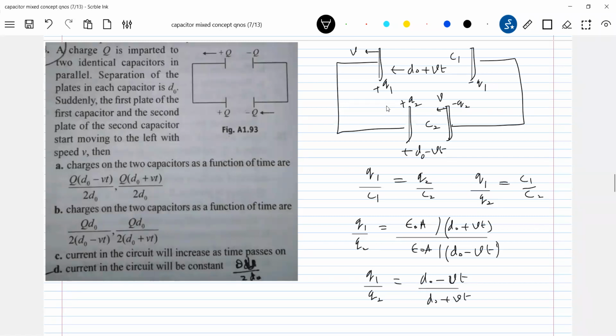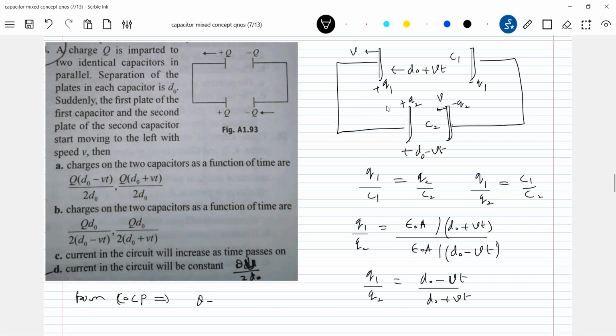Look, the charge of the plates must be conserved. The charge of these two plates, what was the earlier charge? Plus Q and plus Q. So what is the charge now? Q1 plus Q2. So the charge of these two plates must be conserved. From the conservation of charge principle, what equation can we write?